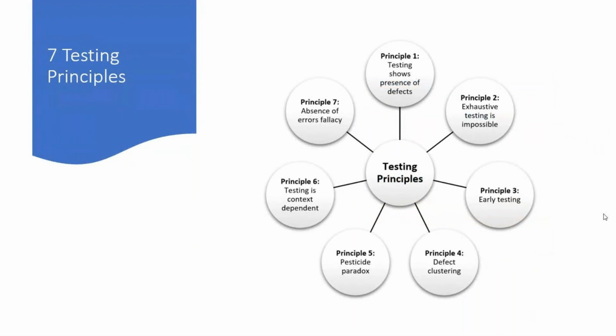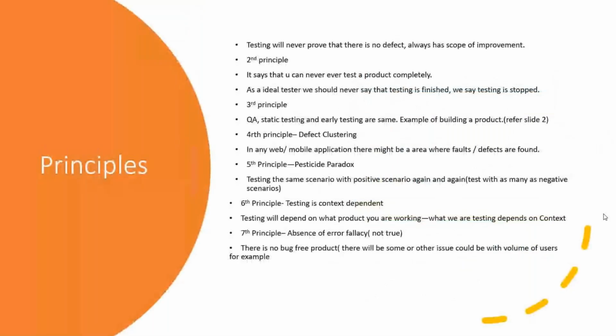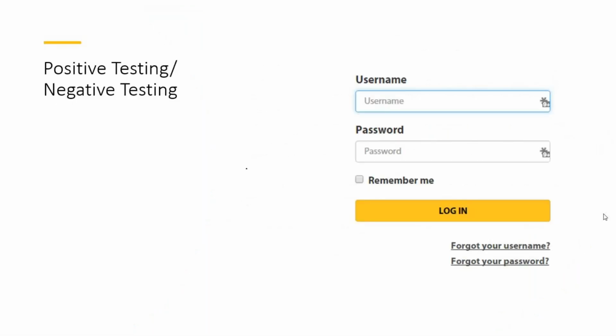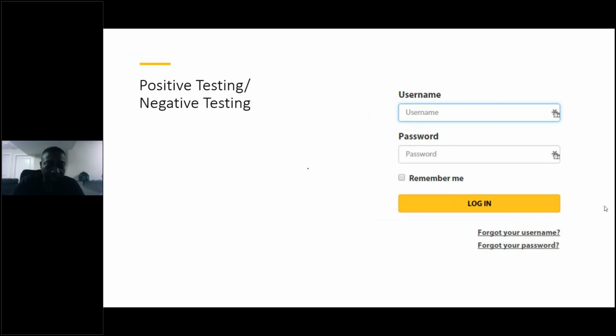And principle 2, exhaustive testing is impossible. So it says that you can never ever test a product completely. Okay, so in the same scenario, right? Here for the username, they give a condition like the username should have multiple characters, and the length is more than 5 characters. Okay, so to what extent can you test that particular username field?